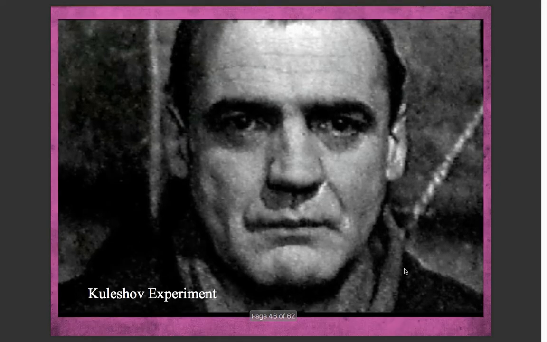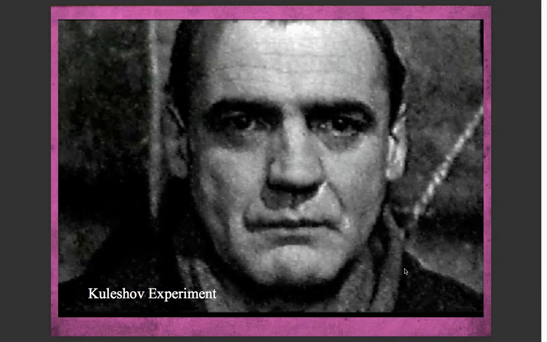So that's fun. As a postscript, this is very common knowledge now, but if you haven't heard of it, it's cool. It's called the Kuleshov effect. It was in early Russian cinema.